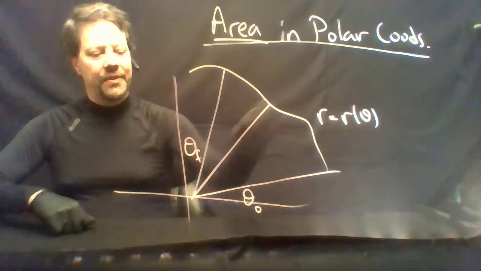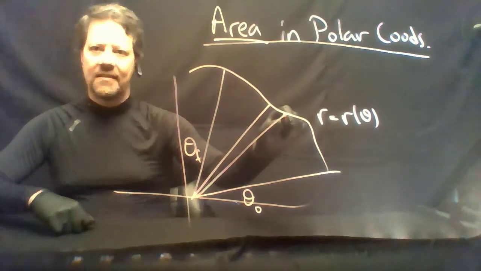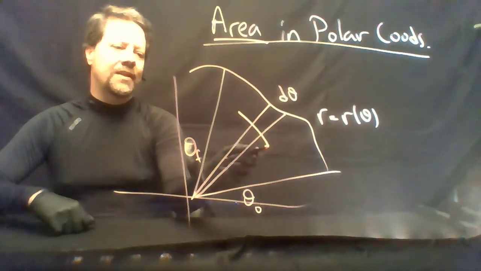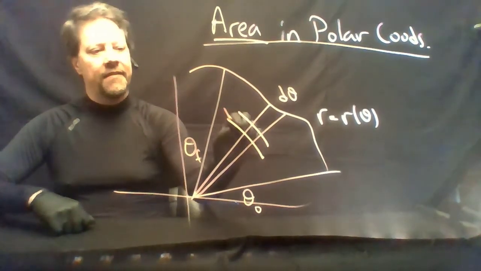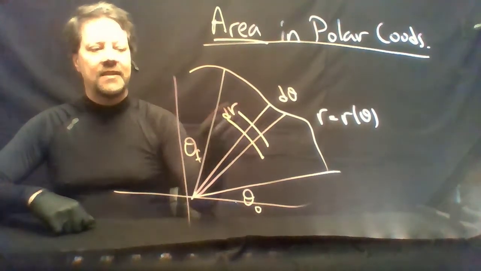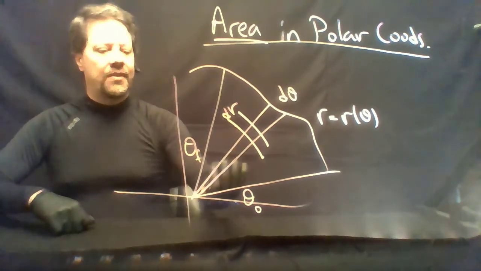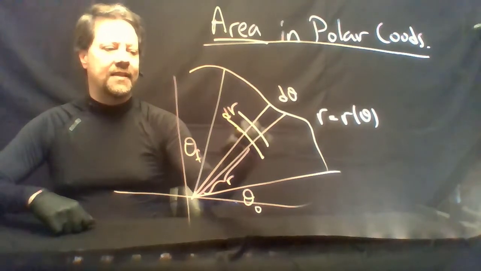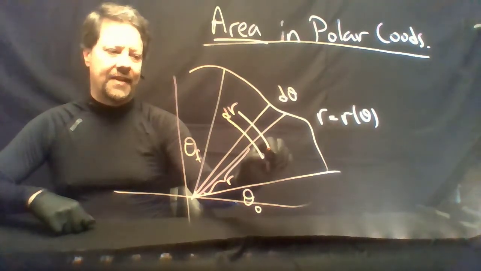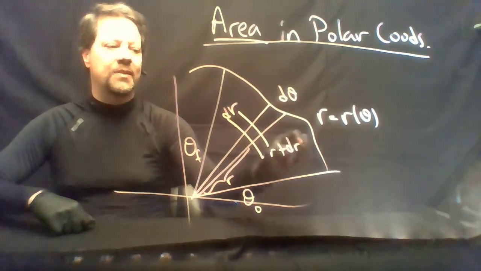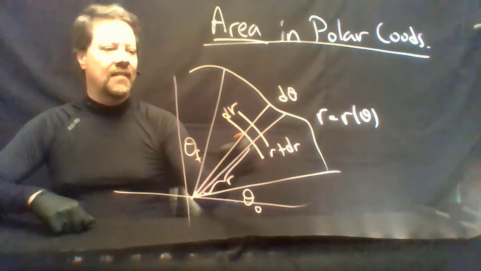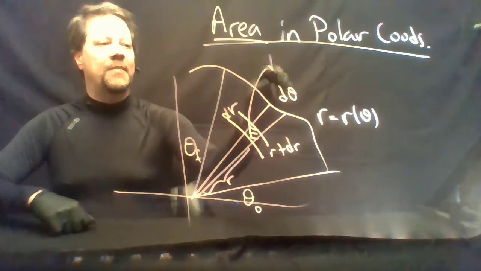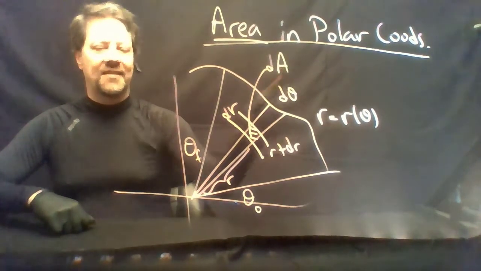What we are going to do is take a thin slice of width d theta, but we are also going to slice it thinly dr. So if we have a radius r for the inner slice, the outer slice is at r plus an infinitesimal dr. And we want to calculate this little element of area.